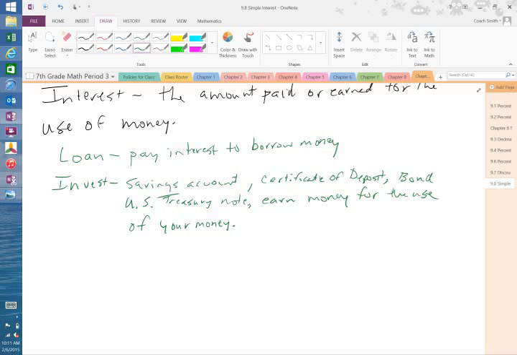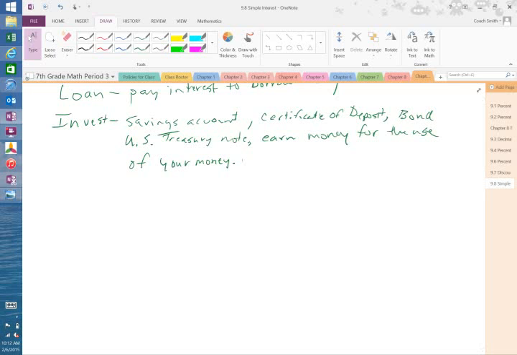So simple interest is good when you're paying back money. Compound interest would be better if you're getting paid for your money. But today we're only going to talk about simple interest. There's balloon note interest, and a bunch of different ways that you can pay this back, but right now we're just talking about simple interest.